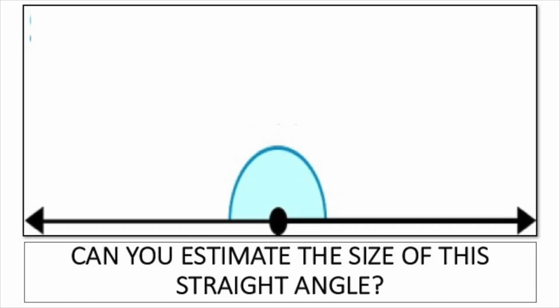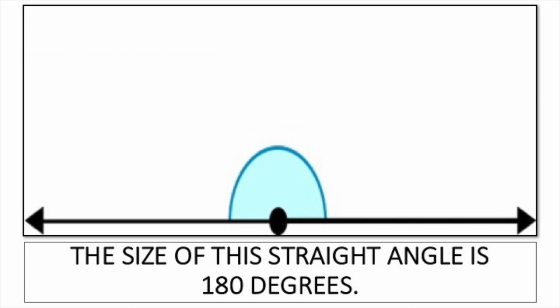Can you estimate the size of this straight angle? So, okay, think carefully. Straight angle. 180 degrees. Always. Can't be any more, can't be any less. The size of this straight angle is 180 degrees.